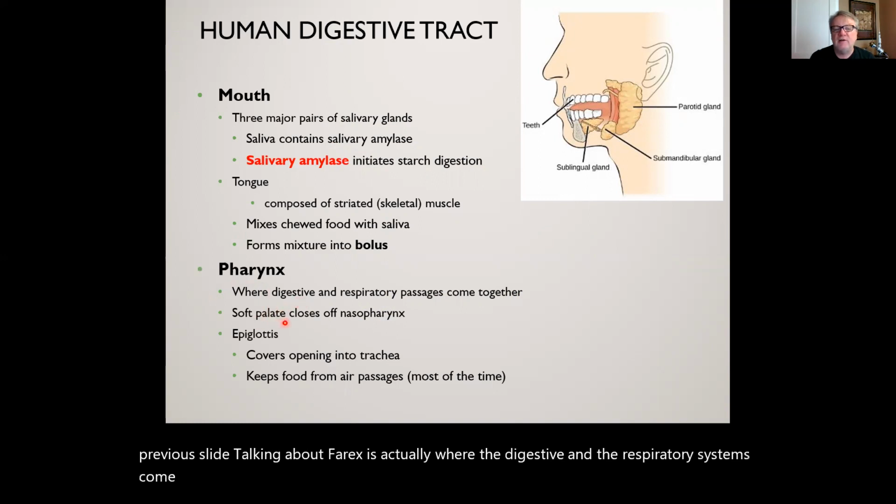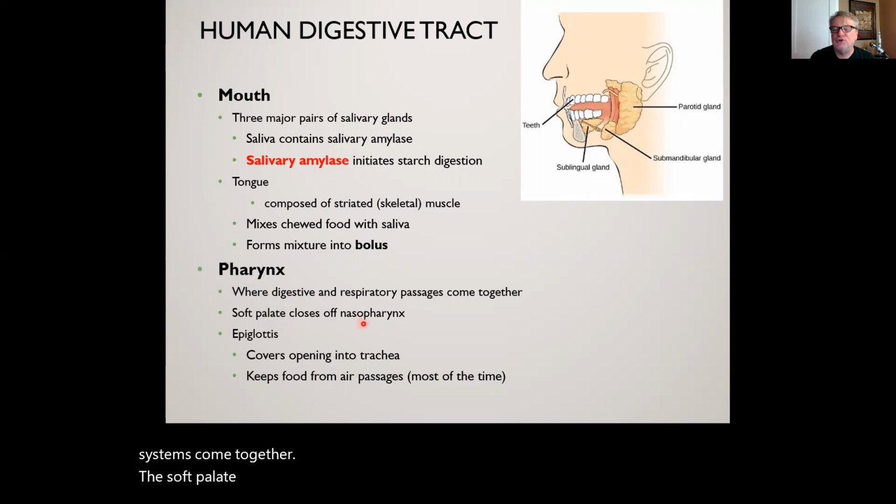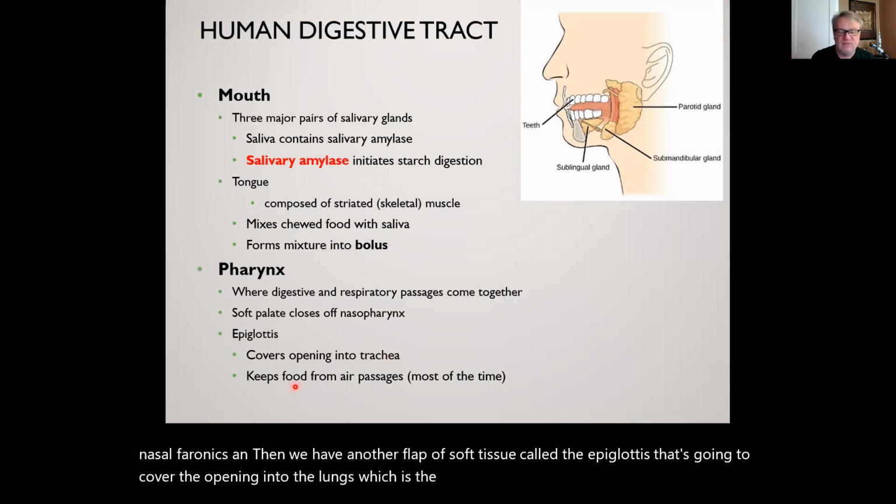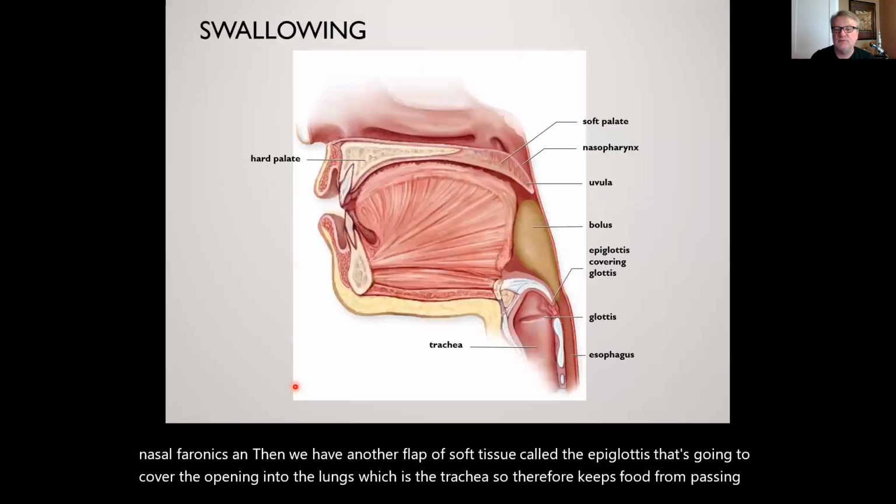The soft palate will close off that portion going up to the nasal cavity, so that's called the nasal pharynx. Then we have another flap of soft tissue called the epiglottis that's going to cover the opening into the lungs, which is the trachea, and therefore keeps food from passing into the air passages.